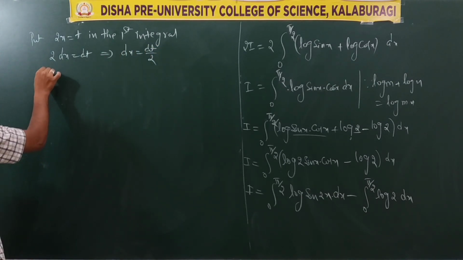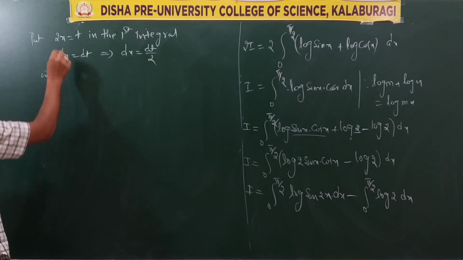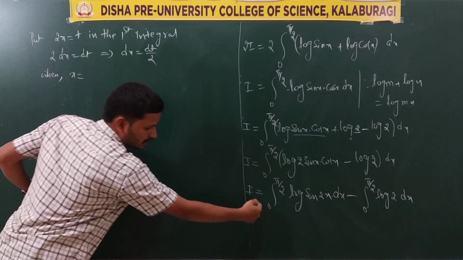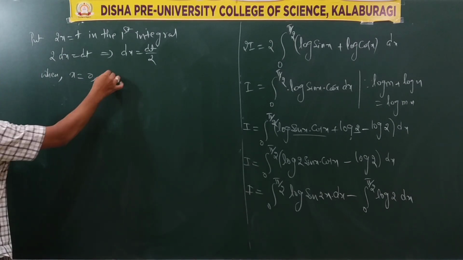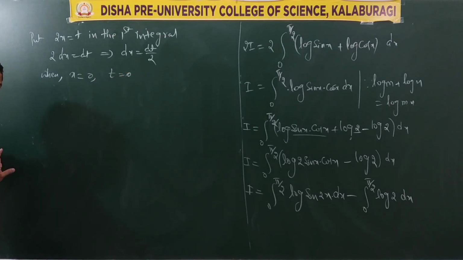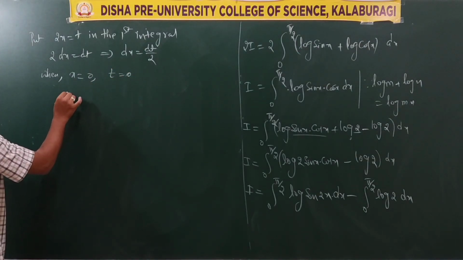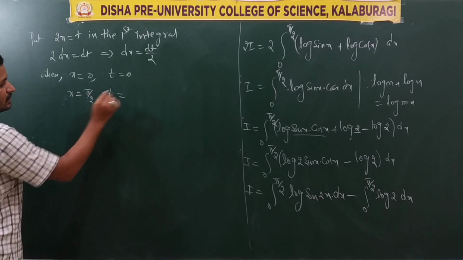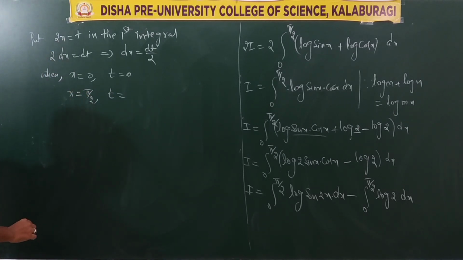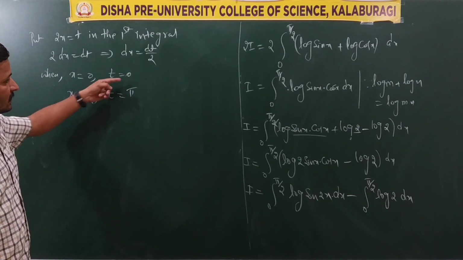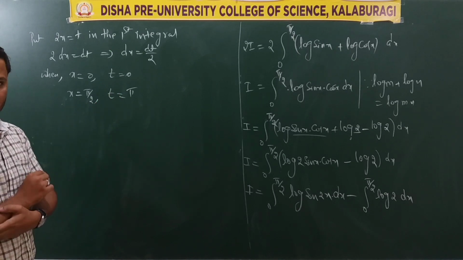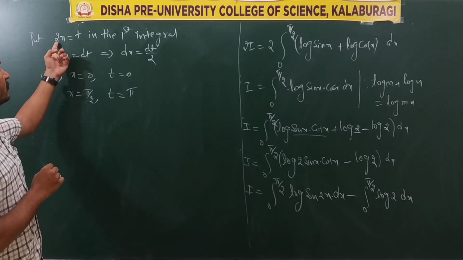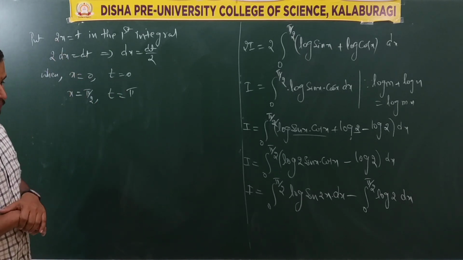For the limits: when x is 0, t is also 0, because 2 into 0 is 0. When x is the upper limit pi by 2, t equals 2 times pi by 2, which is pi. So the lower limit is 0 and the upper limit is pi when substituting 2x equals t.